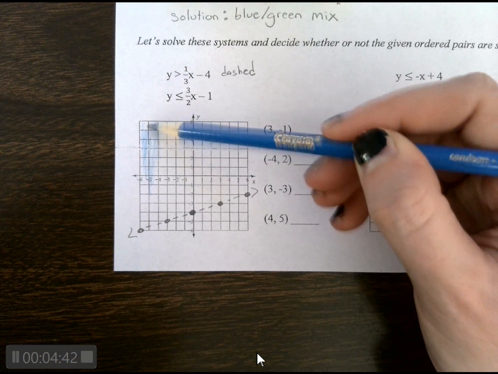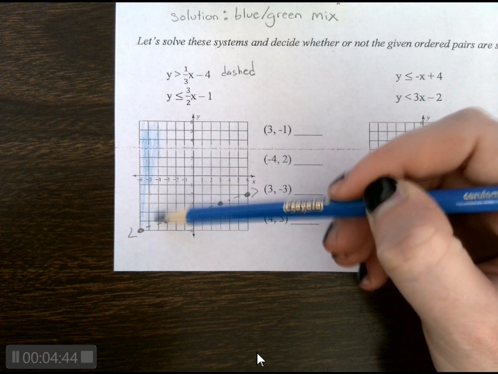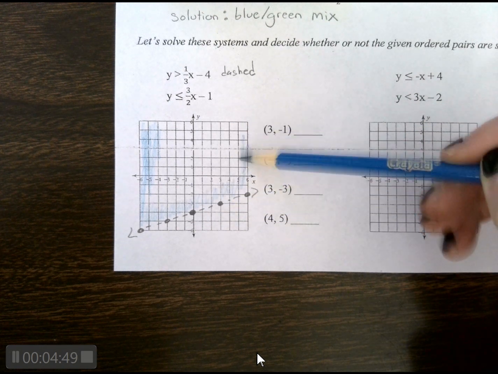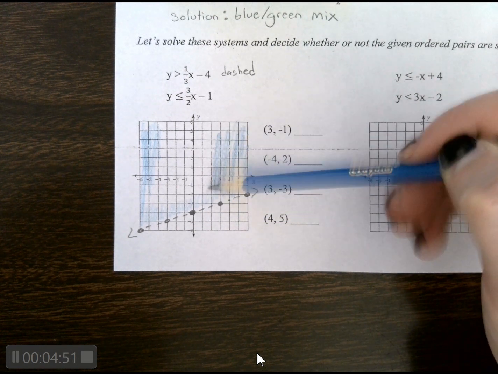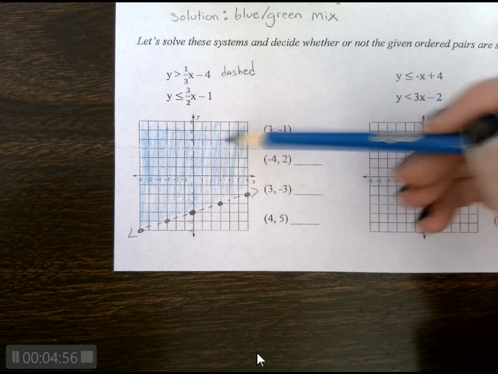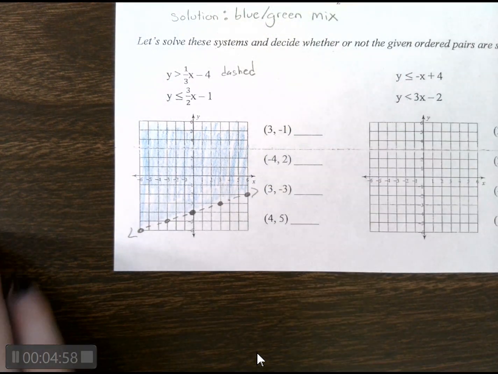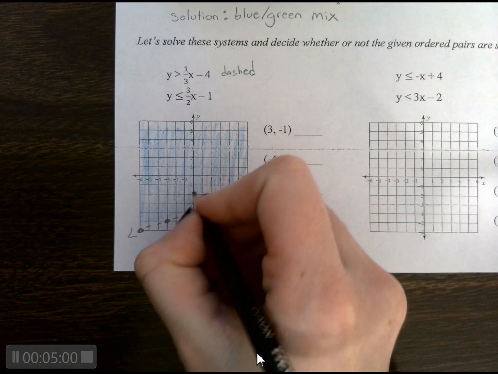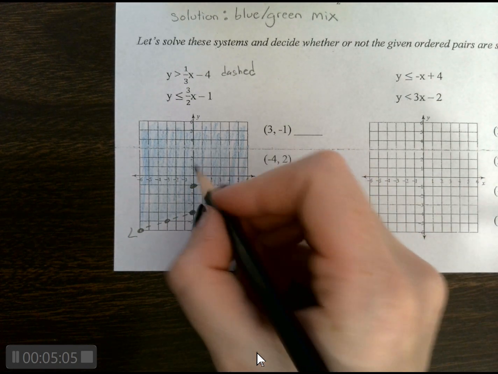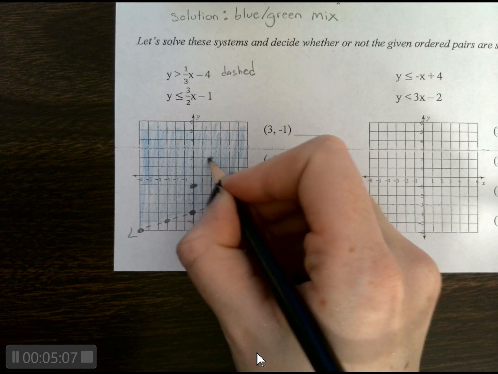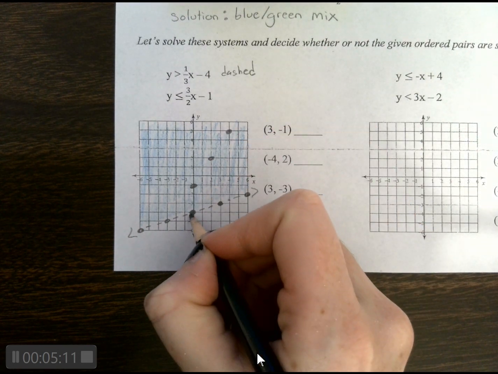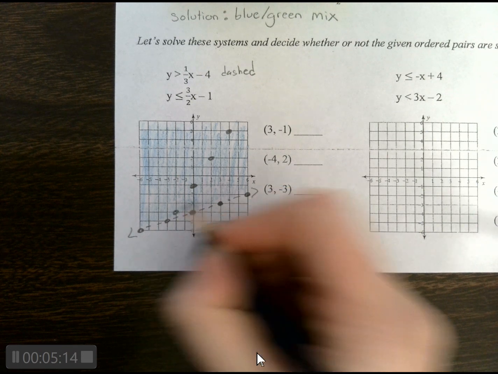It's up to you if you want to go ahead and shade or if you want to wait. I go ahead and shade. And then we're going to graph negative 1, and we're going to go up 3 to the right 2, and then down 3 to the left 2.